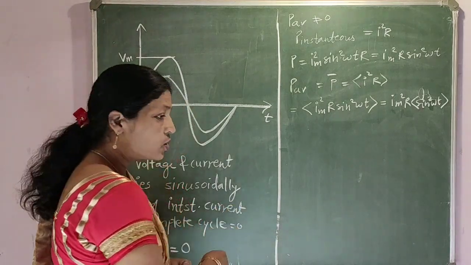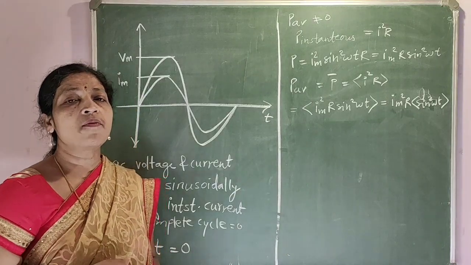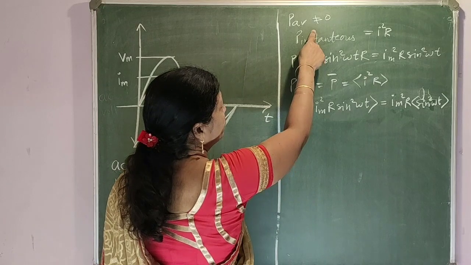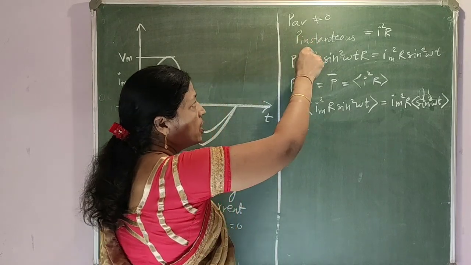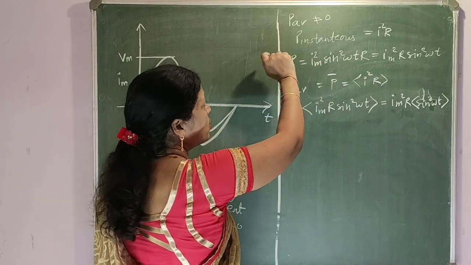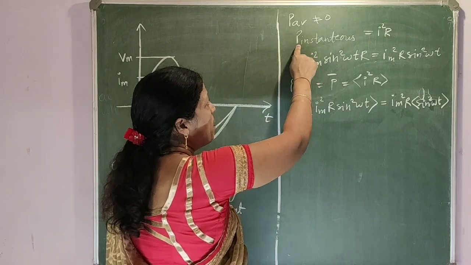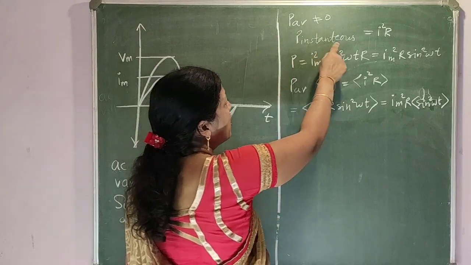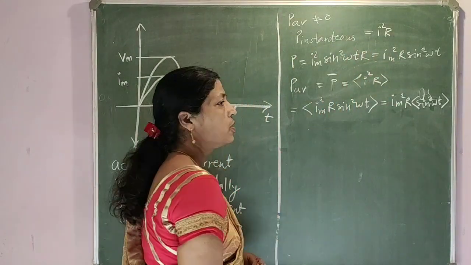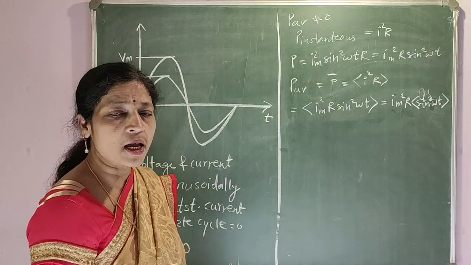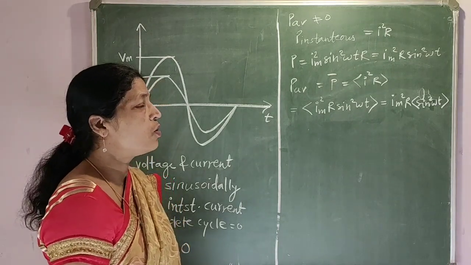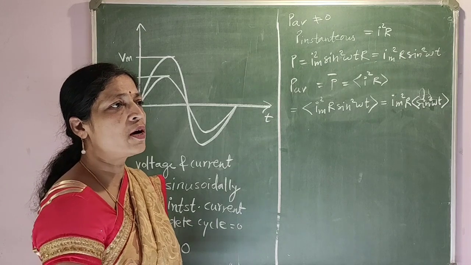But it does not mean that the average power is 0. P average is not equal to 0. Why is it not equal to 0? As you know, the power dissipation, or the joule heating, is given by I square R. Here we do not have the term I, but we have I square. So whatever the negative values, they also get squared and added there.